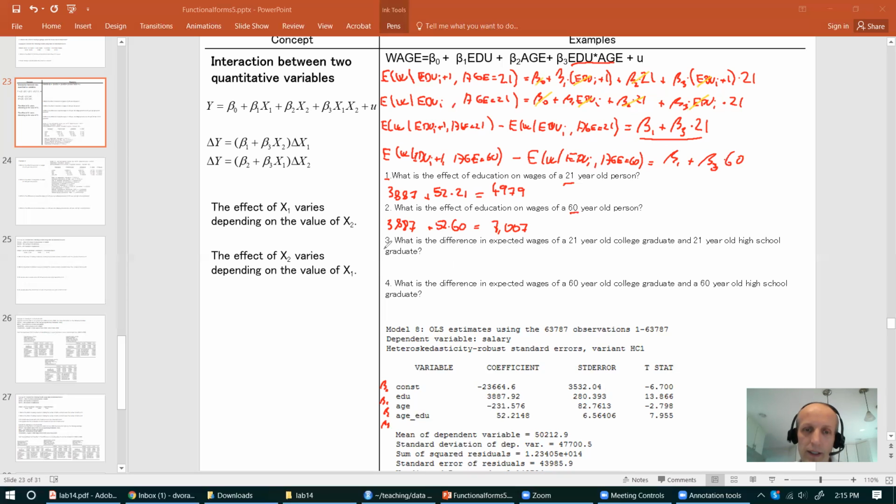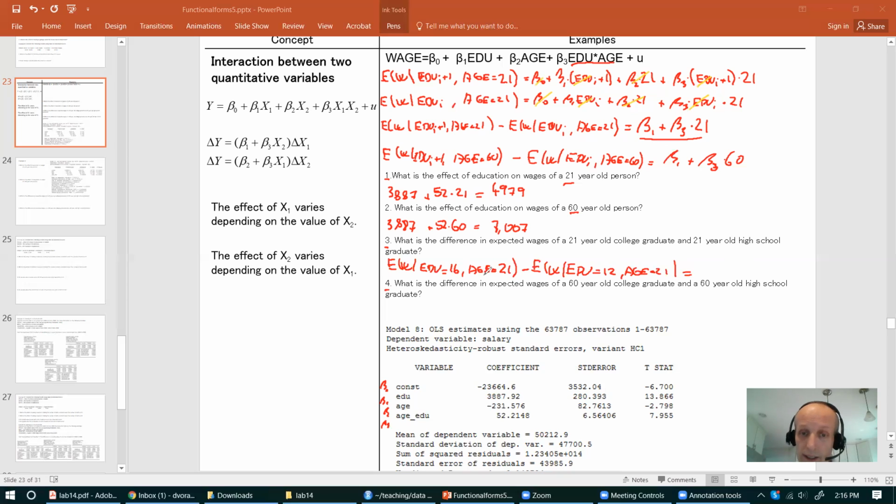And we can certainly illustrate that with these last two questions. We can ask, well, what is the expected wage, given that education equals college graduate, let's say that's 16 years of education, and age equals 21, minus expected wage, given that education is for a high school graduate, say 12 years of education, and age is still 21.